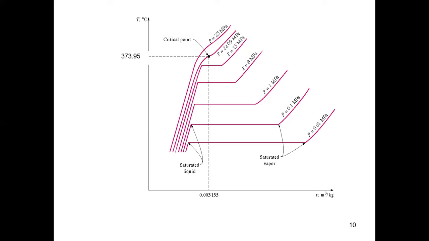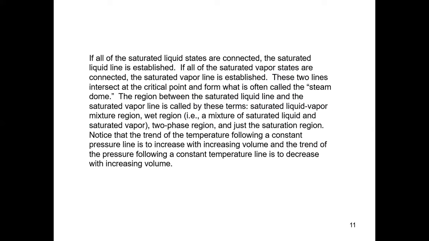Notice the critical point. For the case where the pressure is 22.09 megapascal, the temperature on the vertical axis is 373.95, and on the horizontal axis, which is specific volume, that is volume per unit mass, it is 0.005155 meter cubed per kilogram.